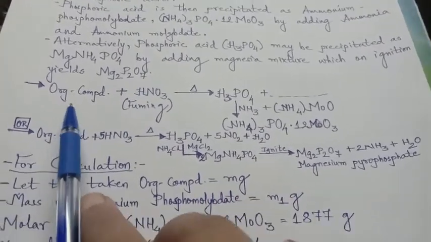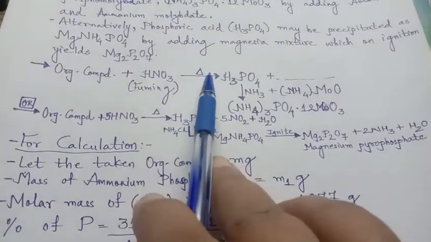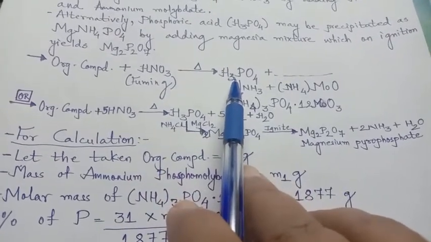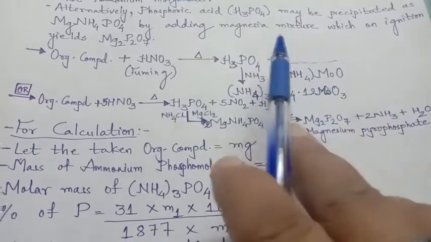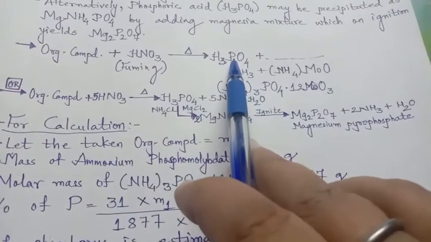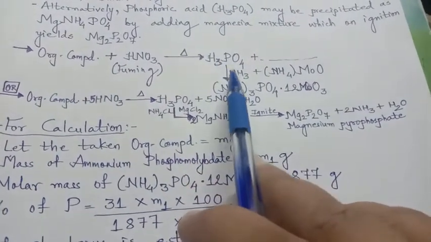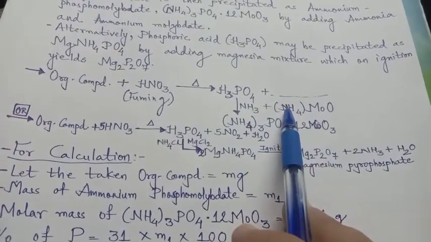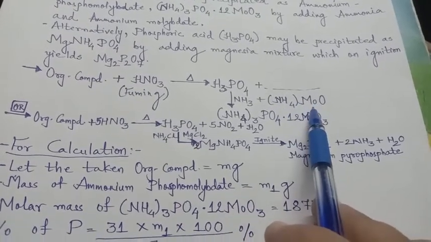So here, when the organic compound reacts with fuming nitric acid and is heated, it converts to H3PO4, right? And along with it water and nitro compound are also available. Now this H3PO4, that is phosphoric acid obtained, is reacted with ammonia NH3 and ammonium molybdate, NH4MoO4.